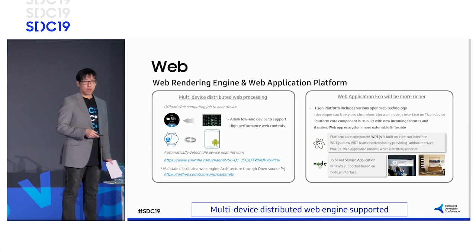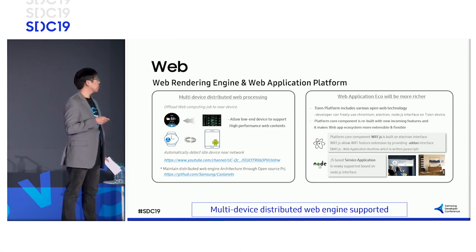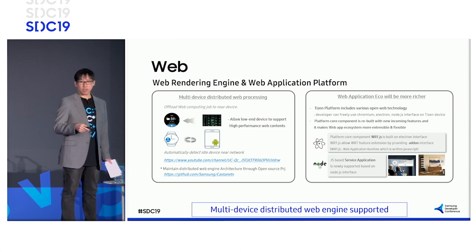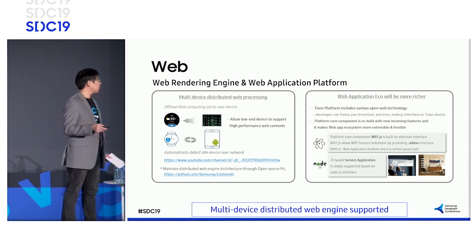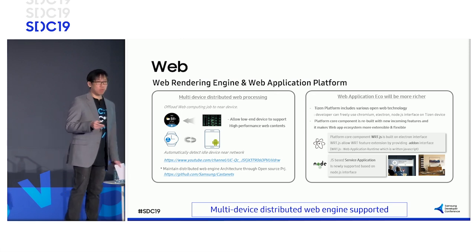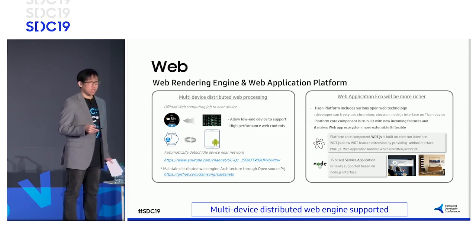On the right, we are showing that we are using more and more open source technology. So this time we added WRT.js, which is a JavaScript-based web application runtime. And it provides more add-ons so you can easily add more plugins. And we are now adding service applications based on Node.js.